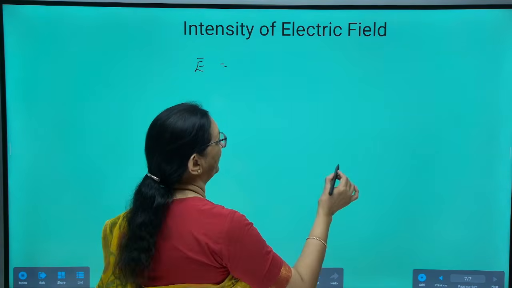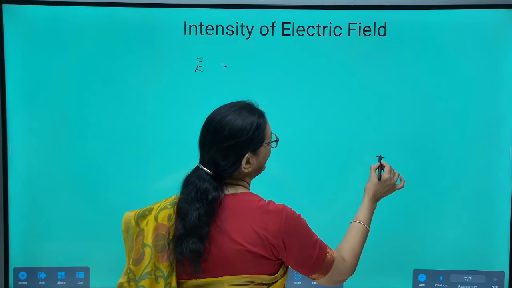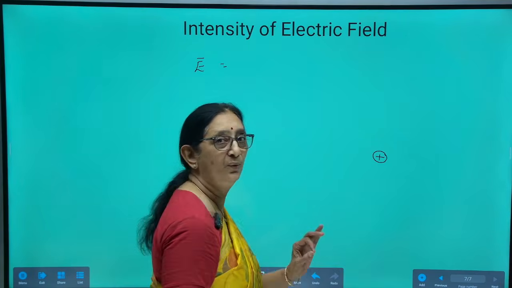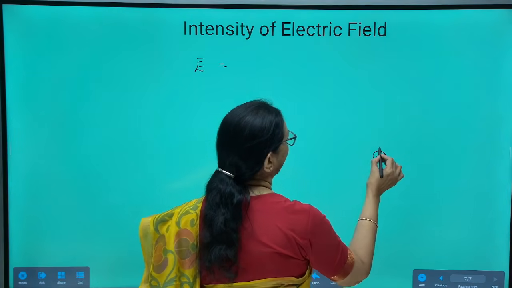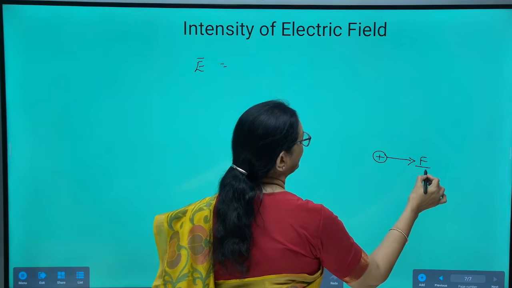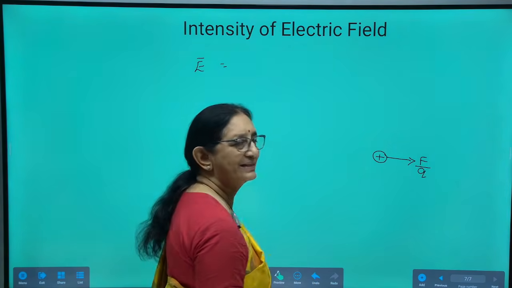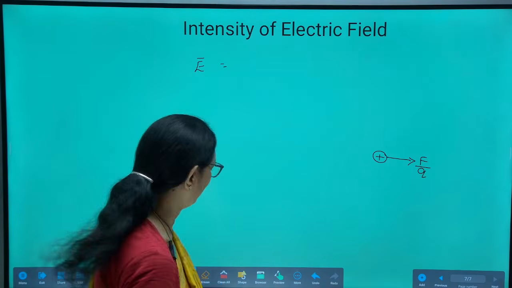If you want to find out electric field intensity at any point, you just place a unit positive charge at that point. Then the force experienced by the unit positive charge at that point is nothing but the electric field intensity at that point.